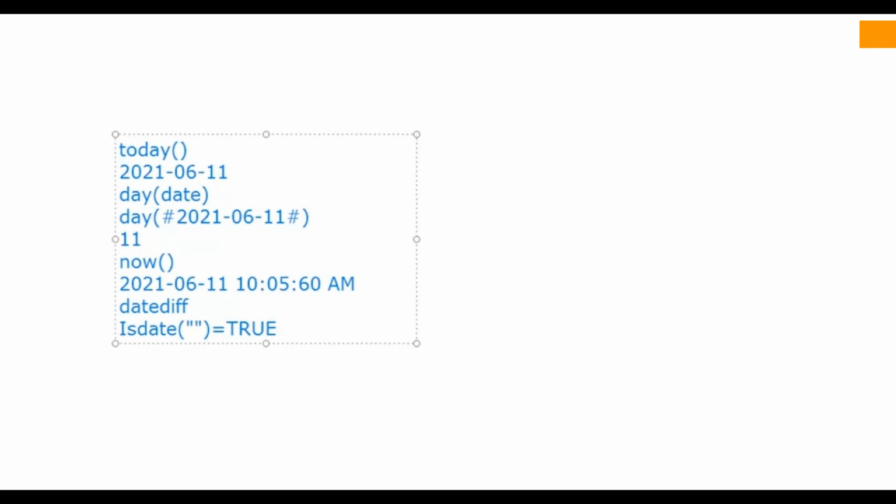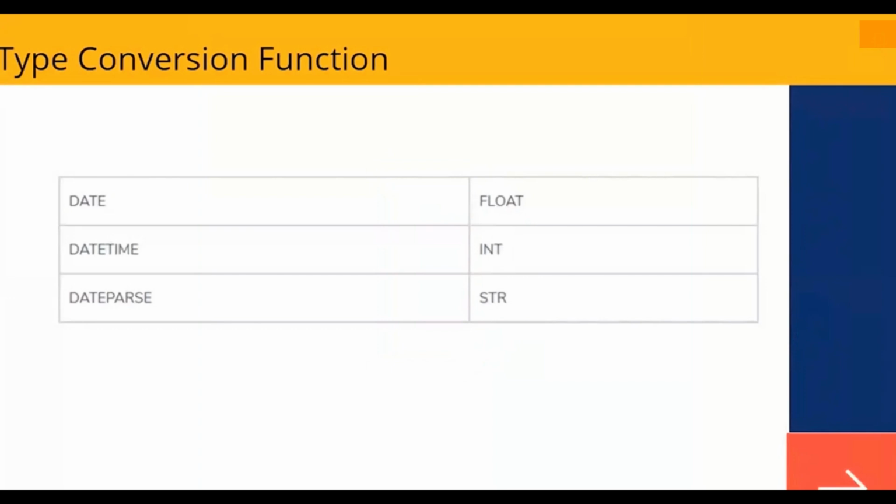And then what we have is the type functions. So conversion functions are also there. With conversion functions, you can modify the data type: if you have one data type in your source, you can convert it to another type.